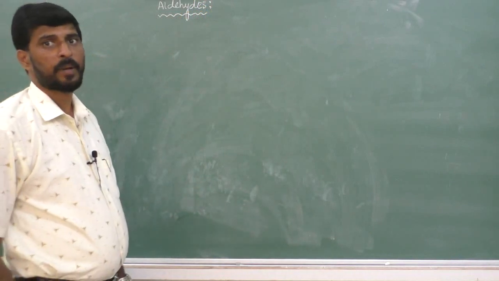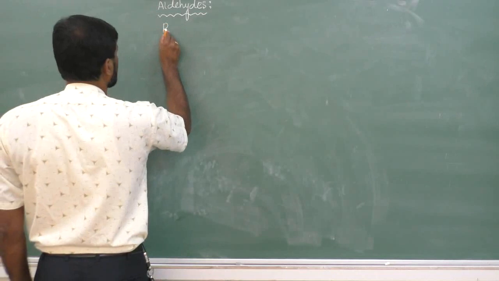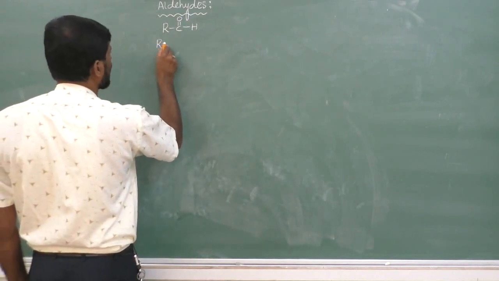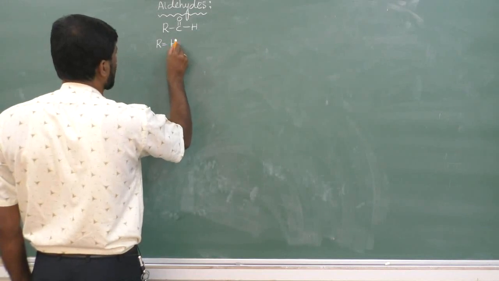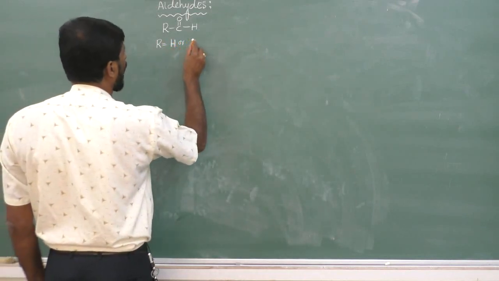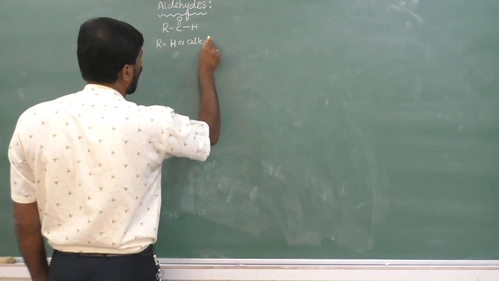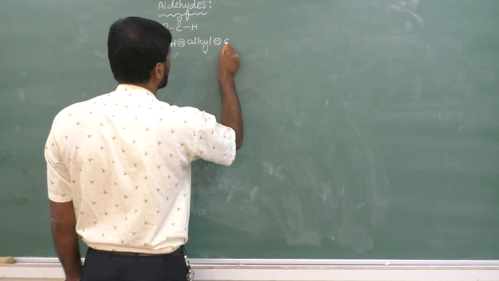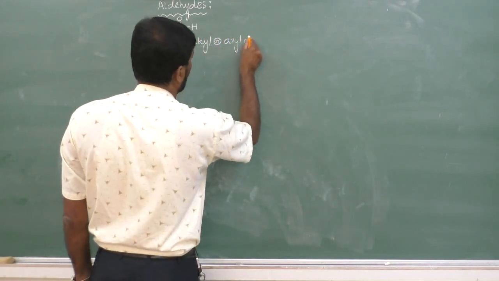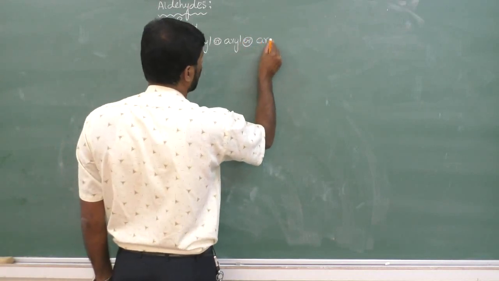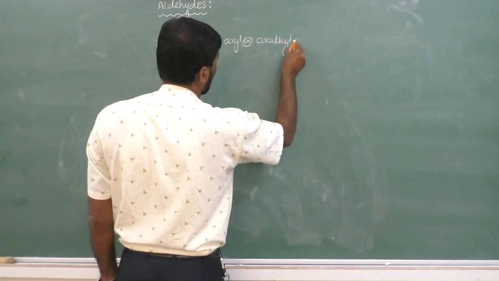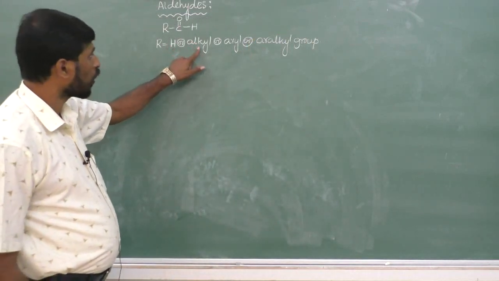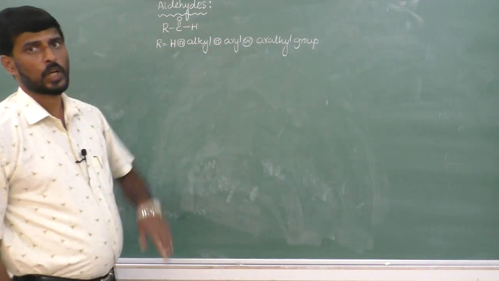Aldehydes are represented by the general formula RCHO, where R may be hydrogen, an alkyl group, an aryl group, or an arylalkyl group.